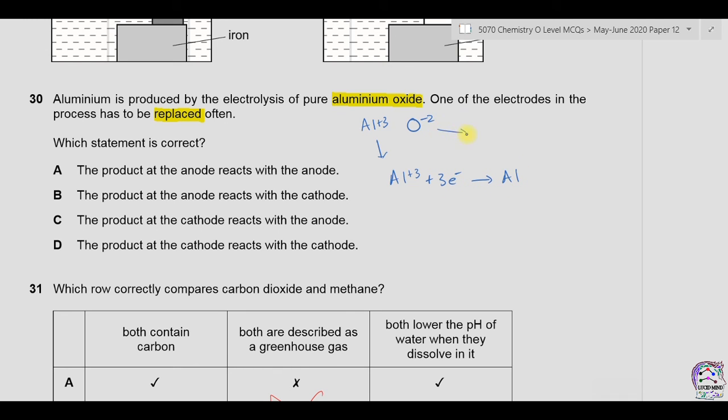While at the anode, oxide loses 2 electrons and converts into oxygen gas. Now as the anode is made up of graphite, oxygen will react with the graphite anode at high temperature to form carbon dioxide. So the anode needs to be replaced often. So option A is correct, as the product at the anode, which is oxygen, reacts with the anode, which is graphite.